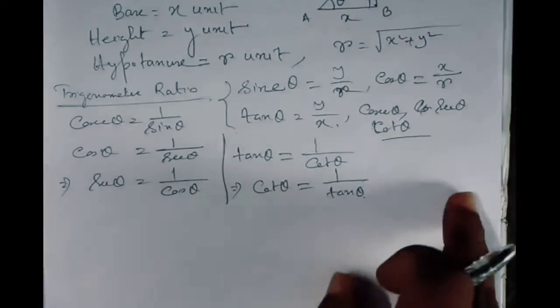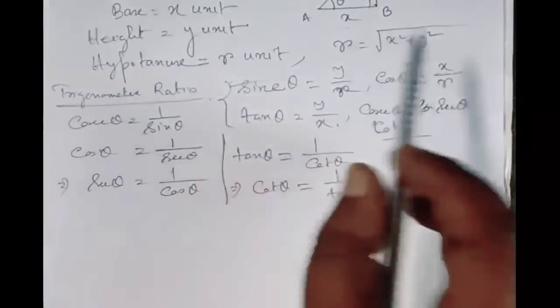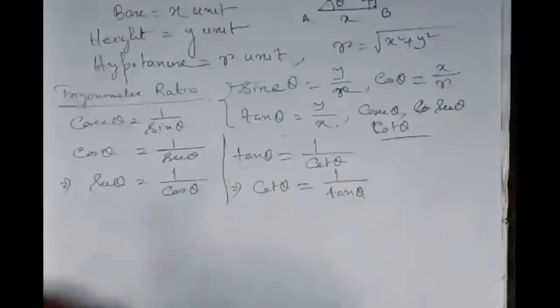So these are called the trigonometric ratios: sin theta, cos theta, tan theta, and cosec, sec, cot theta. Understood?